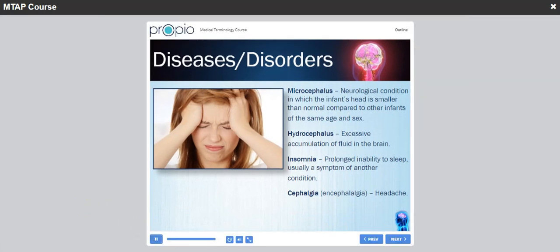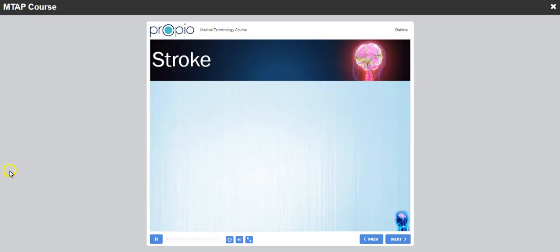Another type of stroke can be a transient ischemic attack or TIA. It's also called a mini stroke. The event is called a mini stroke if the symptoms are temporary without the permanent brain damage.